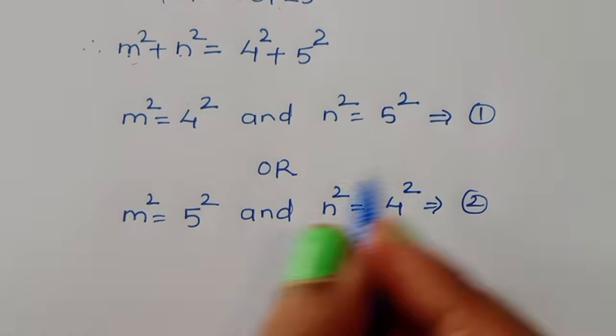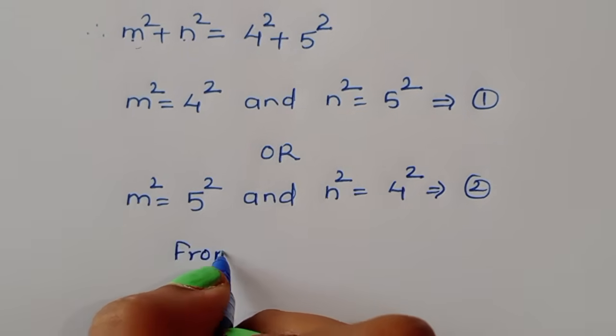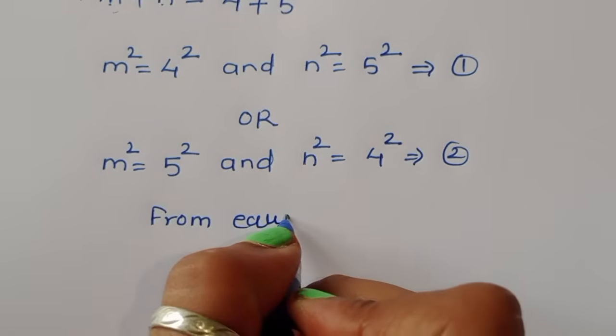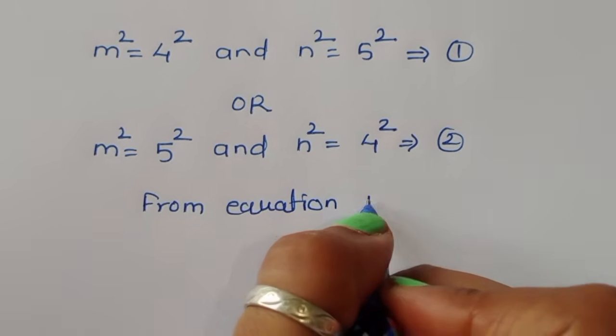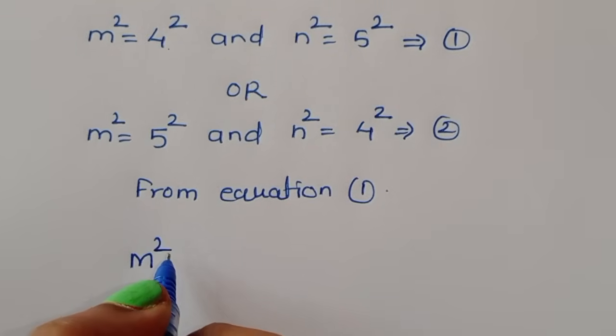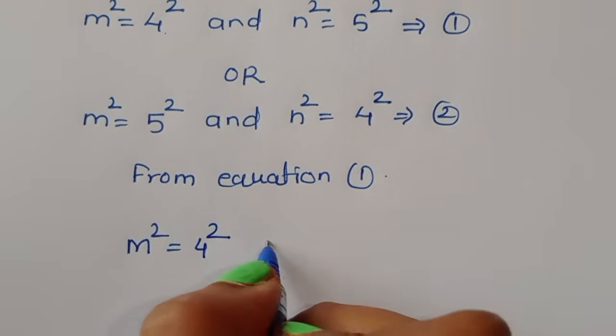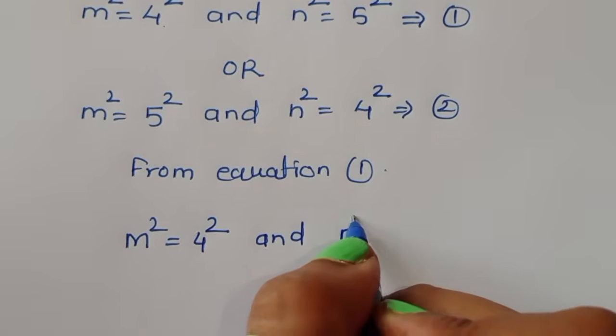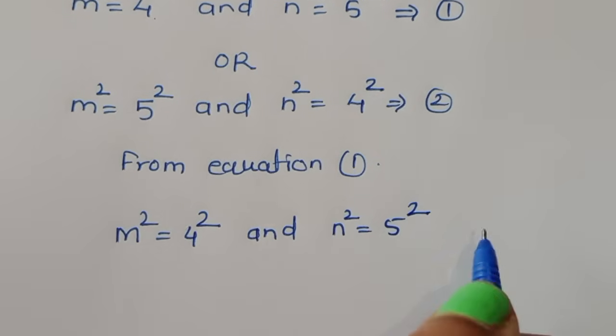From equation 1, m square is equal to 4 square and n square is equal to 5 square.